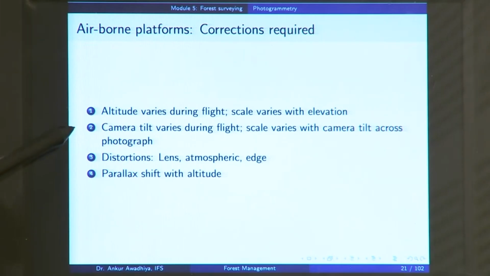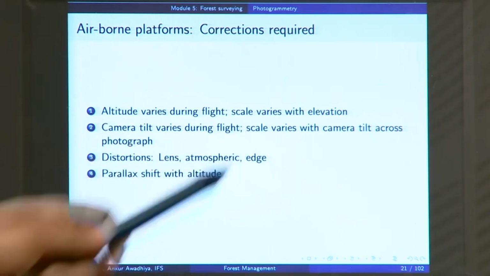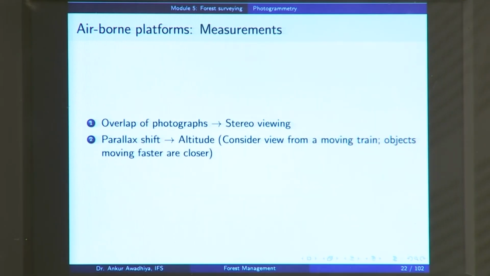The camera tilt may also vary during the flight, in which case the scale will vary with the camera tilt across the photograph. There could be distortions because of the lens, because of the atmosphere or at the edges, and there can also be parallax shift along with the altitude. All these corrections need to be incorporated when you are processing the images.